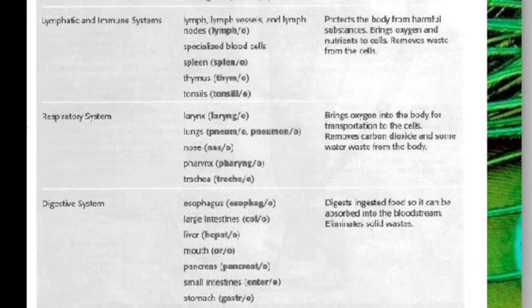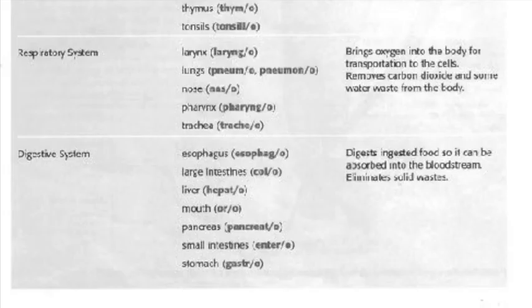The digestive system digests ingested food so it can be absorbed into the bloodstream, and eliminates solids and wastes. We have the esophagus, which is the tube that connects our throat to our stomach, with the word root esophago. We have the large intestine, which helps extract water and helps us stay hydrated, with the word root colo.